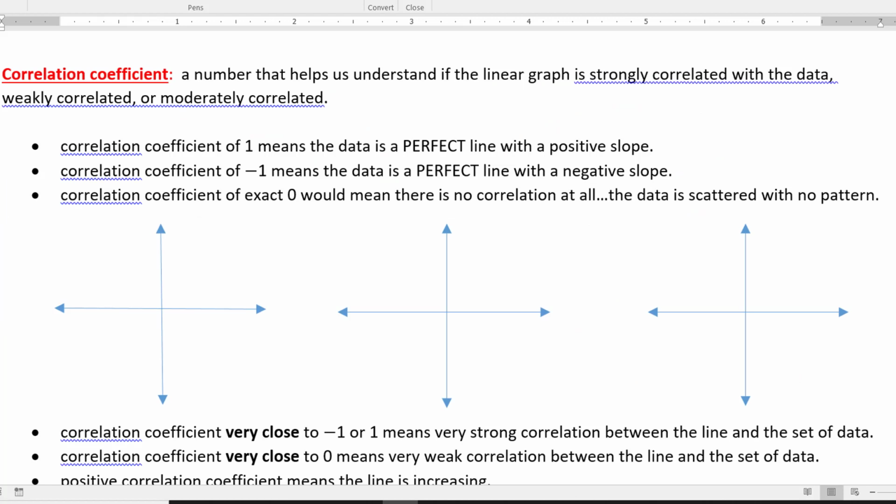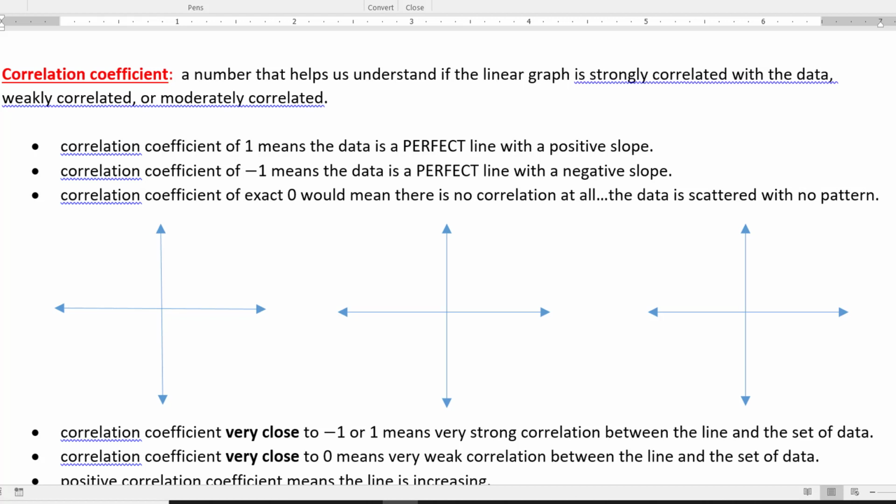Correlation coefficient is a number that helps us understand if a linear graph is strongly correlated with our data, or weakly correlated with our data, or moderately correlated. So a correlation coefficient, it's this number.